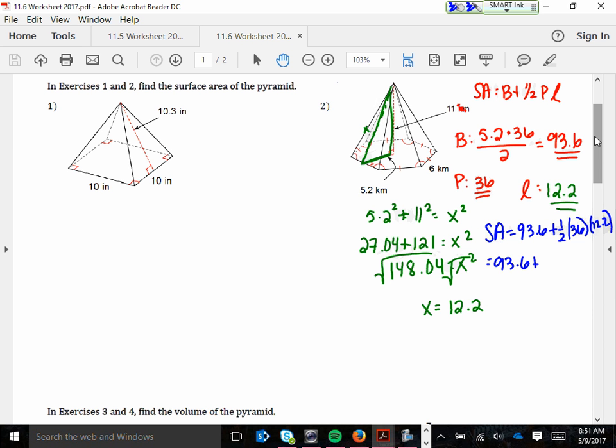Okay, 1/2, 0.5 times 36 is 18, times 12.2 is 219.6. So that was all of this. Add it to 93.6 and I get 313.2 kilometers squared. Oh my goodness. That problem probably takes the most work.